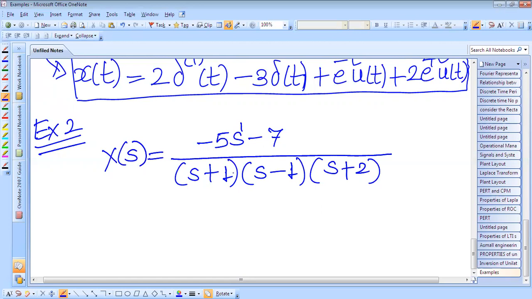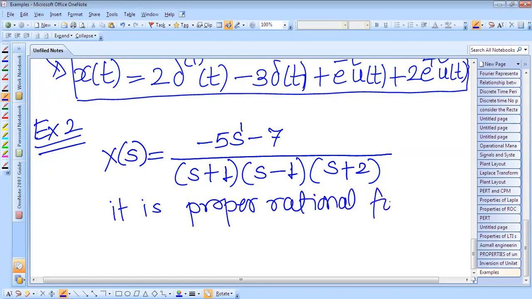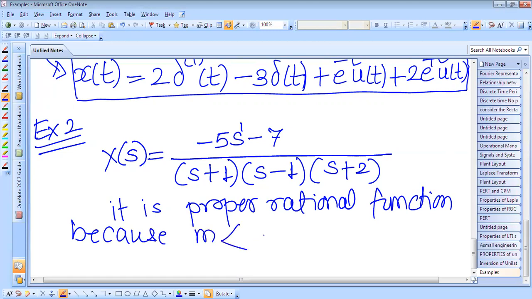Order of this denominator polynomial, obviously it is greater than 1. Obviously the order of the denominator polynomial is greater than the numerator polynomial, and therefore we can say it is a proper rational function, because here m is less than n.